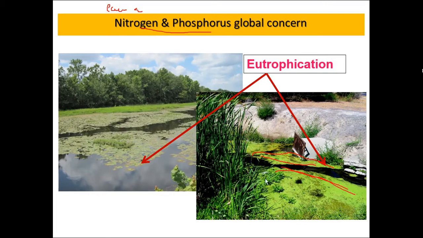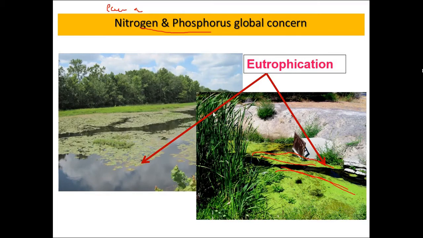Finally when the algae die, they will be deposited into the bed of the water, day by day, year by year. Finally the lake or the water body can be dead by the end. So no more water in the lake, no more water in the stream due to the eutrophication effect.